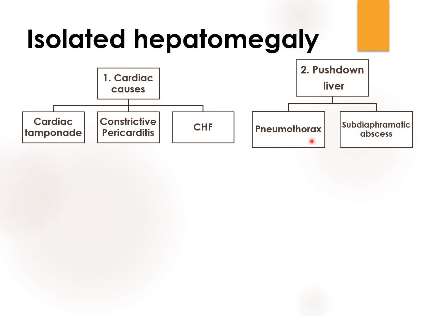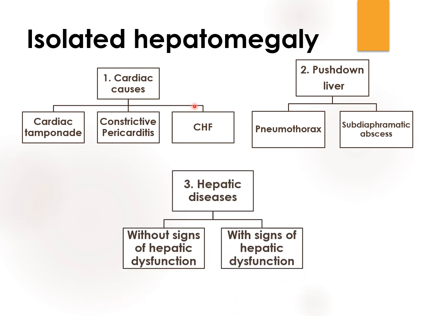You should suspect pneumothorax or pleural effusion. In such cases, a pushed down liver will be there. And when there is a subdiaphragmatic abscess, again the patient will have respiratory distress and fever, high grade with chills and rigors. All such things will be associated with this.